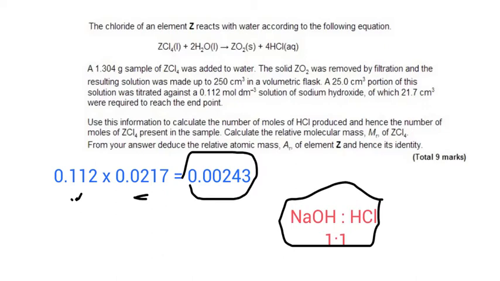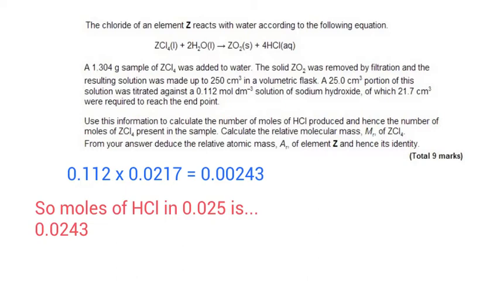So that means that if we reacted 0.00243 moles of sodium hydroxide, that will also, because of the 1-to-1 ratio, be the number of moles of HCl in the 0.025 decimetre cubed portion that was titrated against the sodium hydroxide.